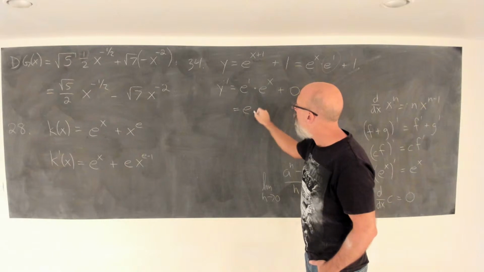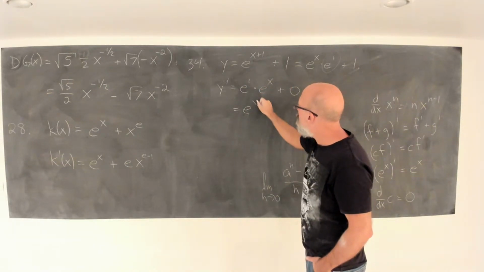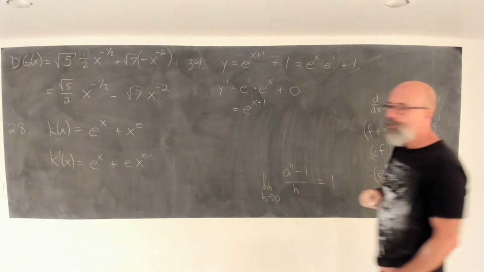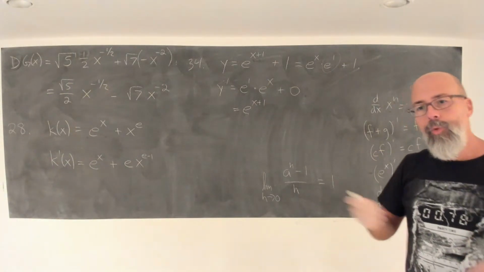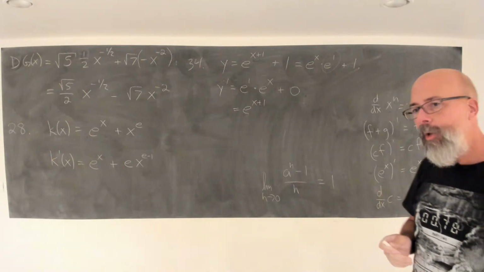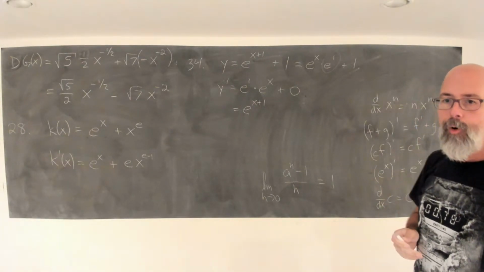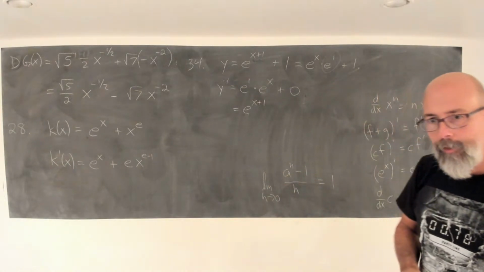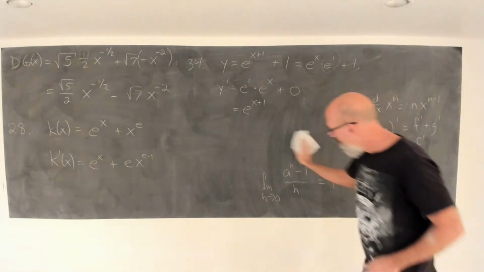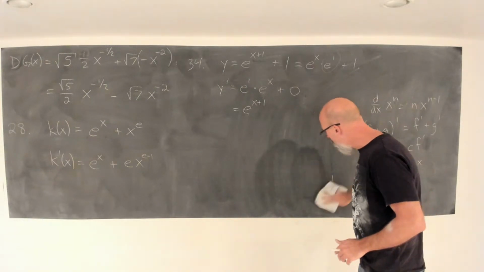And so we see that the derivative of this is just e to the x plus 1. We can only use the rules that we have at our disposal. Don't be making up your own rules. That's always the danger here.